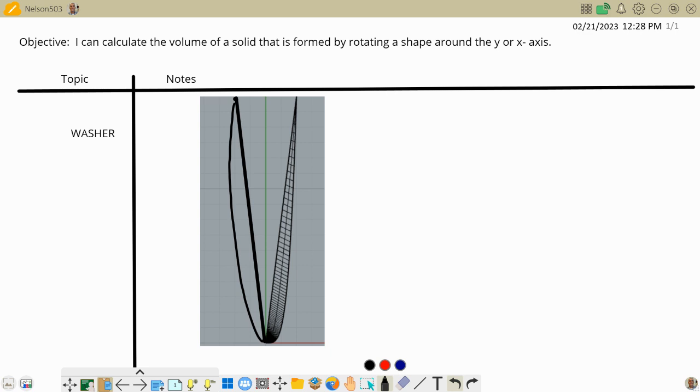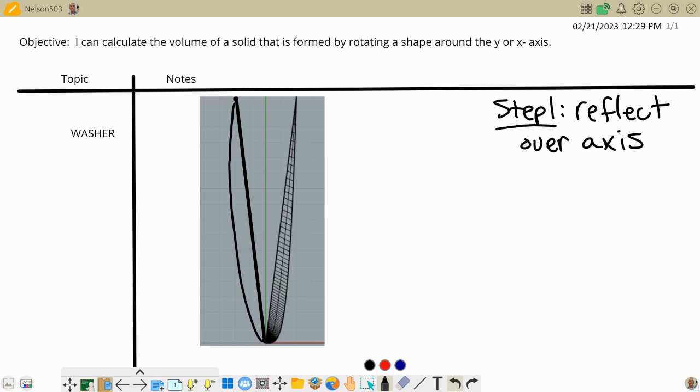So in your notes, I want you to do this. Put down step 1, reflect over the axis. Okay? So that's what Quinny wrote over there, reflect over the correct axis. I'm reflecting over the y-axis because in our problem on number 8, this is on page 248.